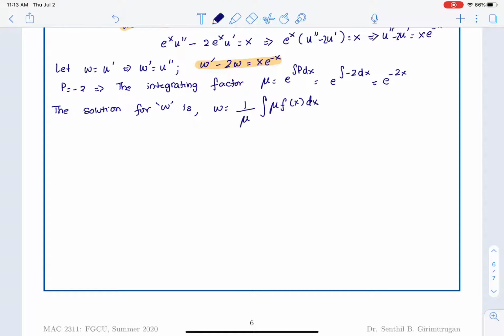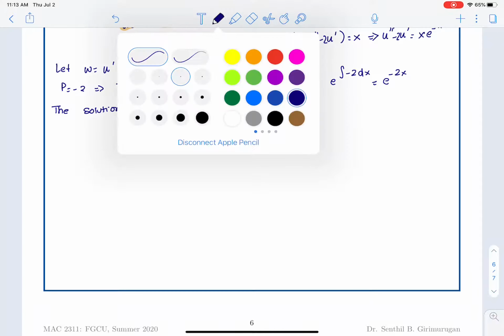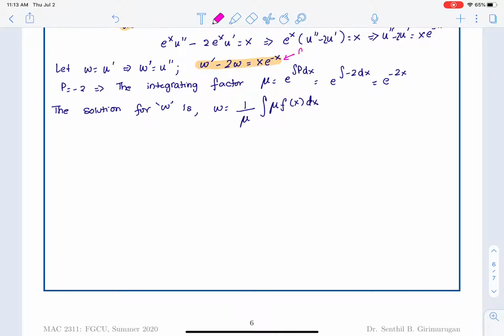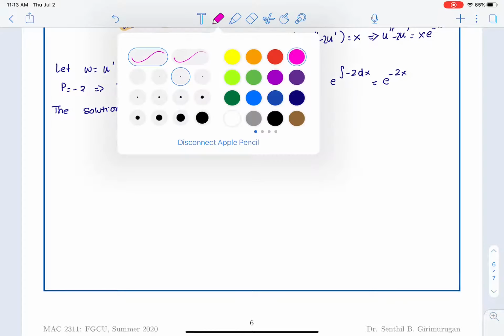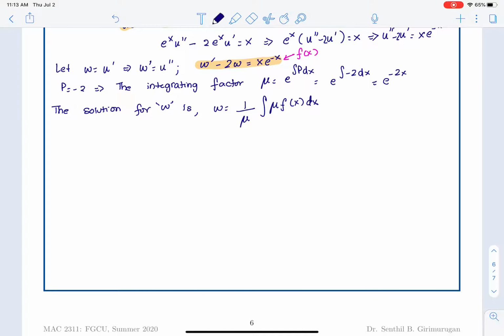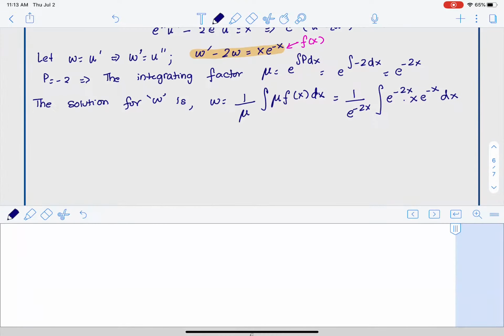What is f of x? F of x is the function on the right hand side. So we have 1 over e raised minus 2x integral e raised minus 2x times x e raised minus x dx.